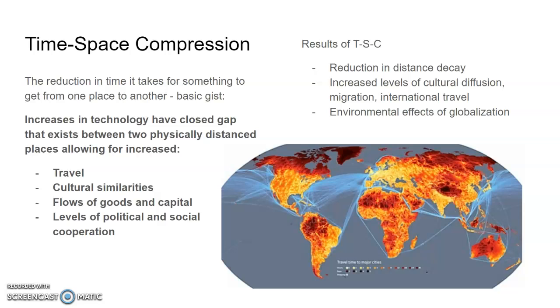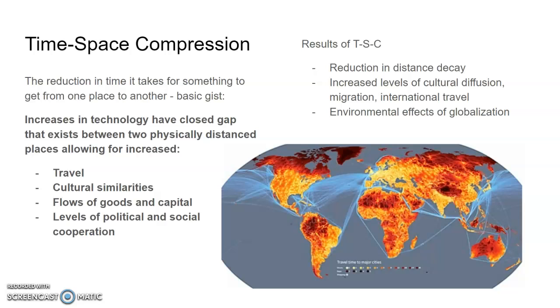So it allows for increased levels of travel, cultural similarities, the diffusion of popular culture in different parts of the world, the flows of goods and capital as part of economic globalization. And like we said, levels of political and social cooperation are now more easily accessible than they used to be a while ago. Not always happening, obviously, but there are at least mechanisms in place that allow for these.